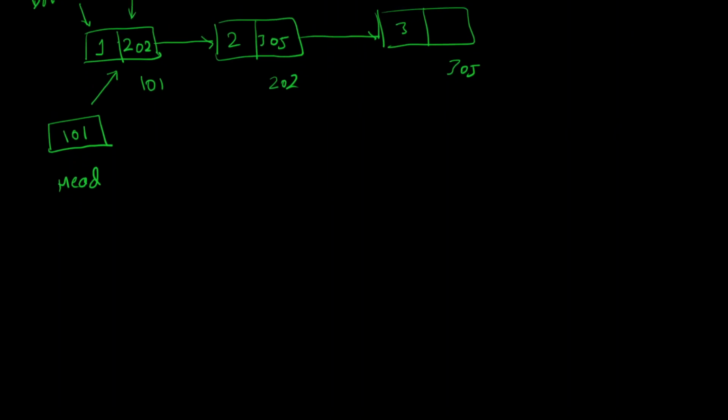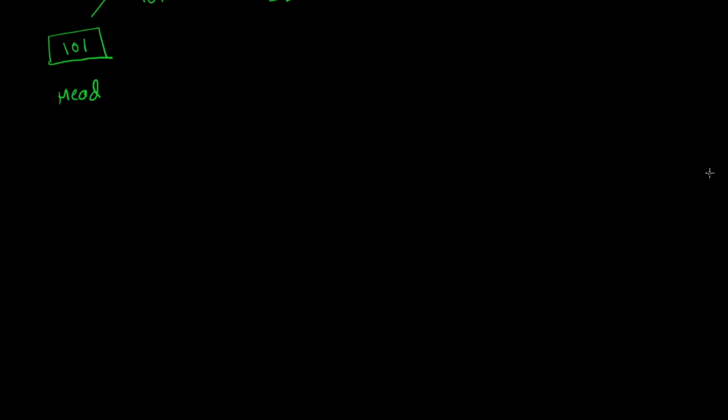The next thing that I also got confused about when I was programming how to make a linked list from an array is, let's assume we have an array 1, 2, and 3. Before that, let me tell you one thing: if a linked list is empty, the head points to null.